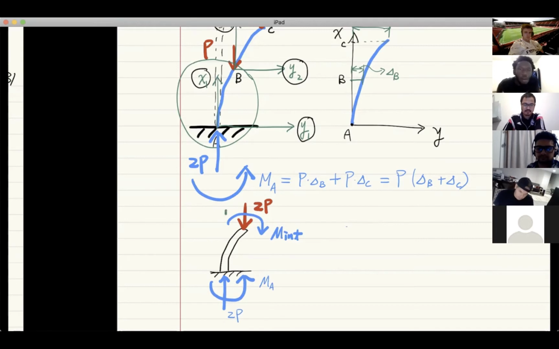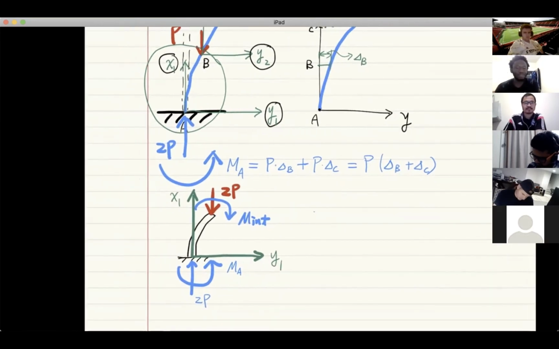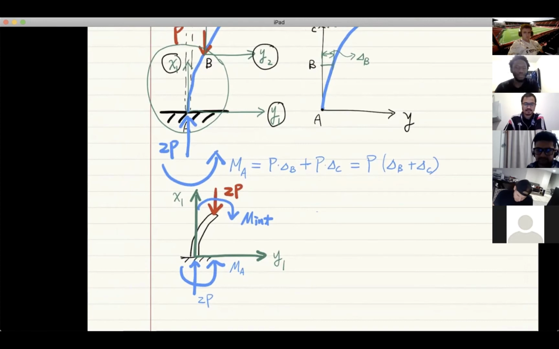First, you recognize that this is our y1 and this is our x1, right? So in this case, let's figure out what the positive curvature will be in this configuration.